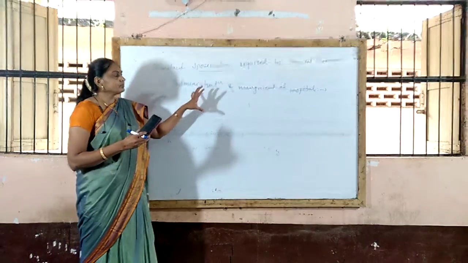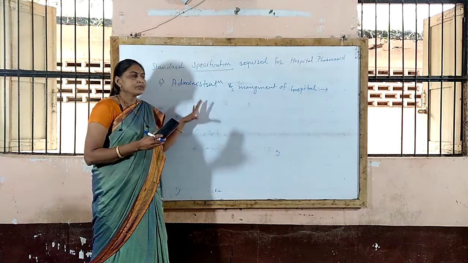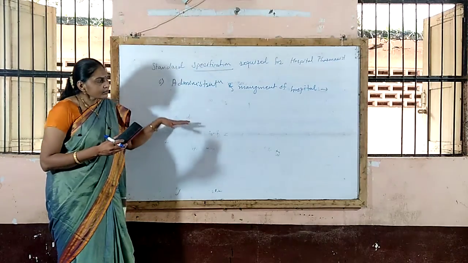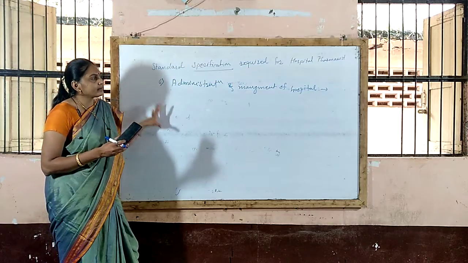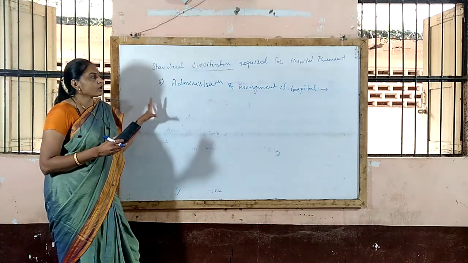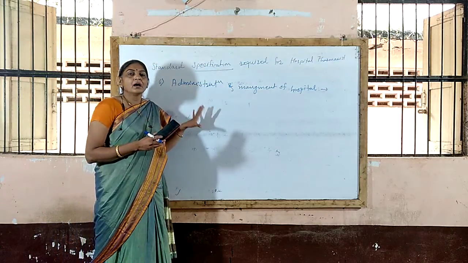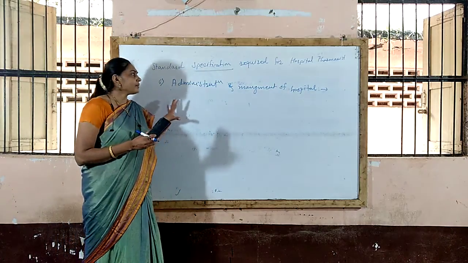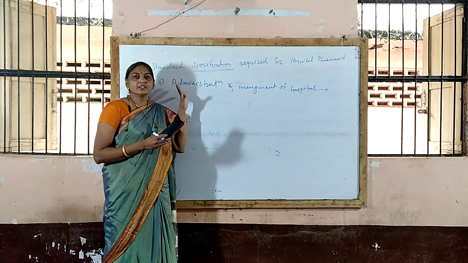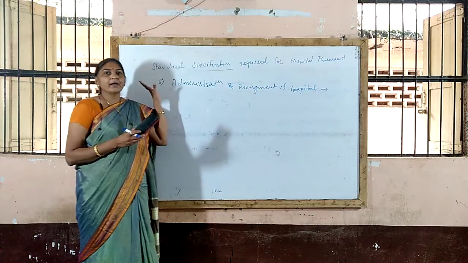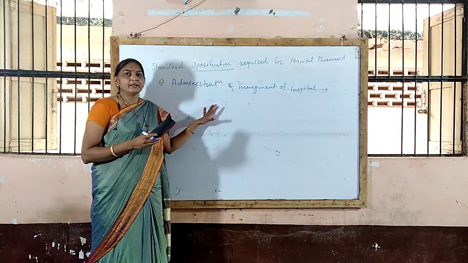The record of that stock, whatsoever is received, must be maintained. Whatsoever daily distributed drug record must be maintained. The requirement list, that is the purchase order, is prepared by the hospital pharmacist. Along with that, he is managing the hospital. Administration is also carried out. Last time I said that he is a member of the P&T committee.